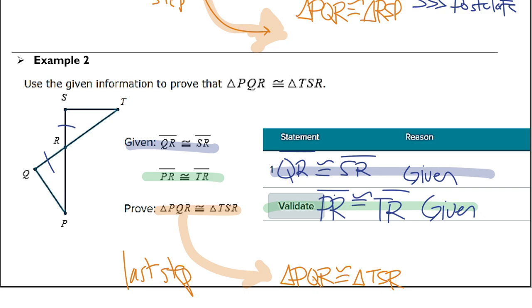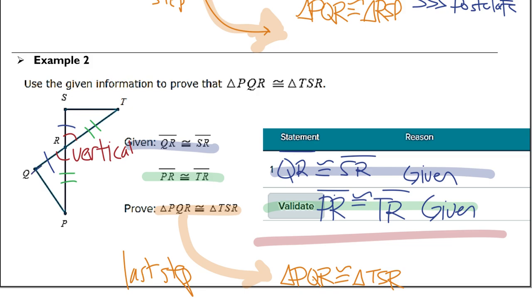So we have P to R right here, and we have T to R, which is right here. And then our last thing is noting what can we draw in the picture that we don't know? Well, there is no reflexive, but we do know that this angle is the same as that angle because those are vertical.